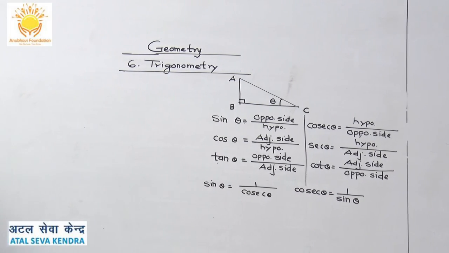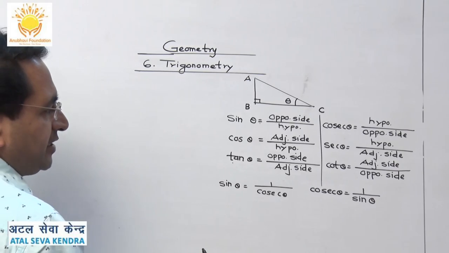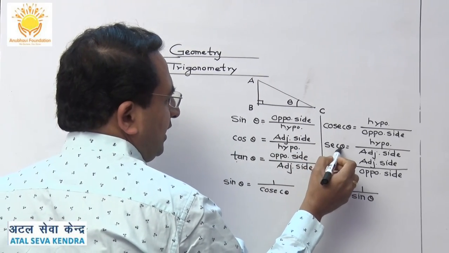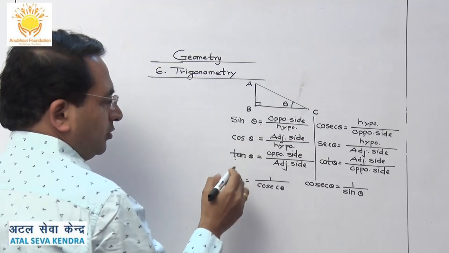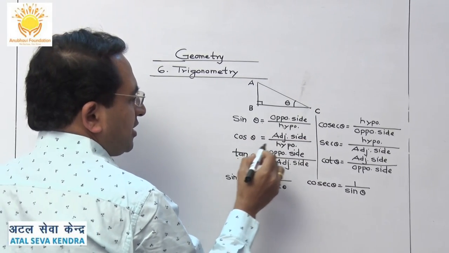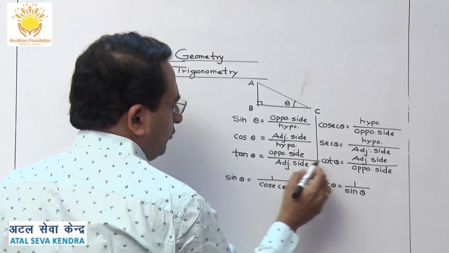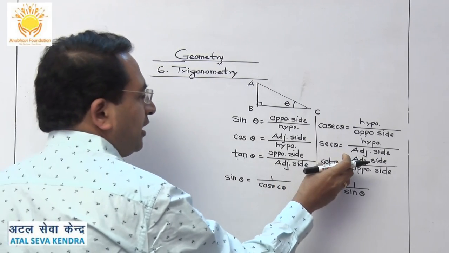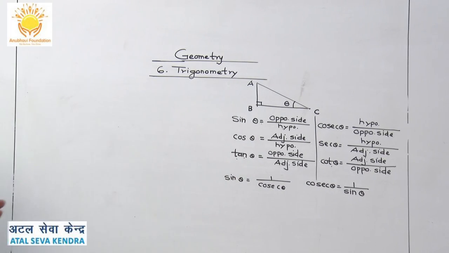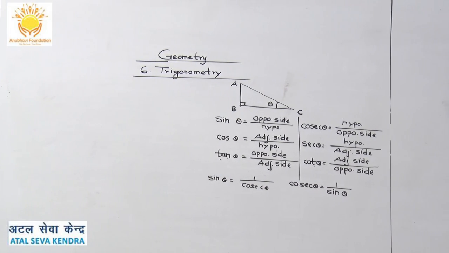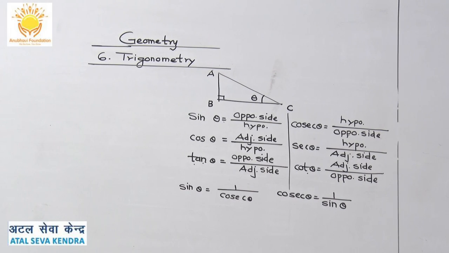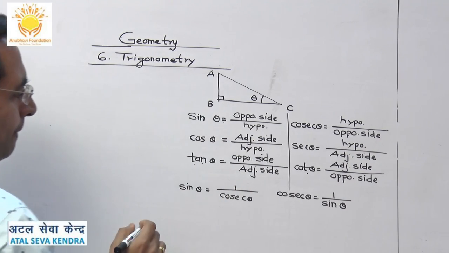Now similar thing we can do for the others. Cos theta is the reciprocal of sec, and sec theta is the reciprocal of cos. Similarly, tan is a reciprocal of cot, so tan theta is 1 upon cot theta, and cot theta is going to be 1 upon tan theta. It is to be done whenever you are writing or whenever you are solving the sums. If you solve maximum sums, then this thing will become more clear.